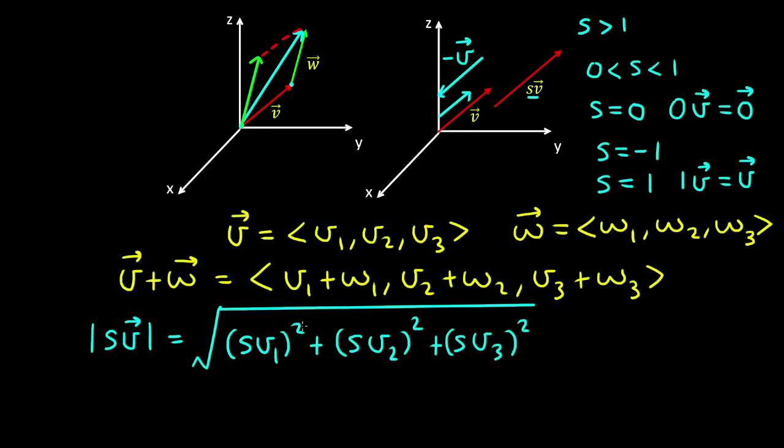And now if we factor out s squared and take it outside the square root, we end up with the absolute value of the scalar by the square root of the sum of the components of the vector squared, which is effectively the magnitude of the vector v. So note that we took the absolute value of s because the magnitude is positive and greater than 0.